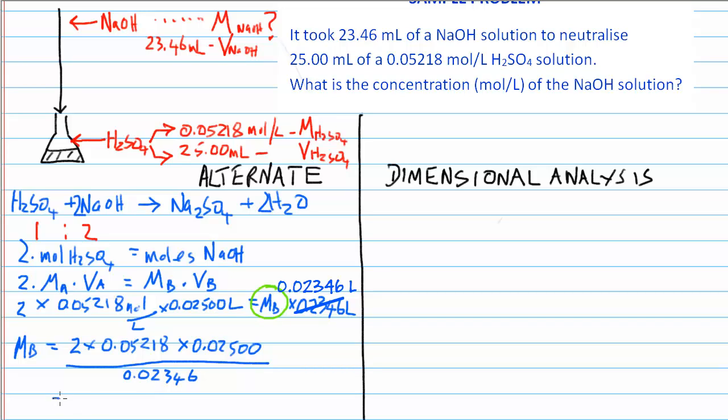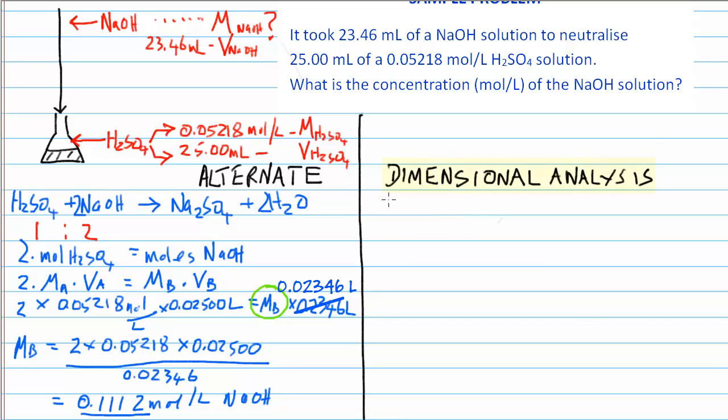And if we do that, we get a result of 0.1112 moles per litre of sodium hydroxide. And we need to use 4 significant figures in the final result here.